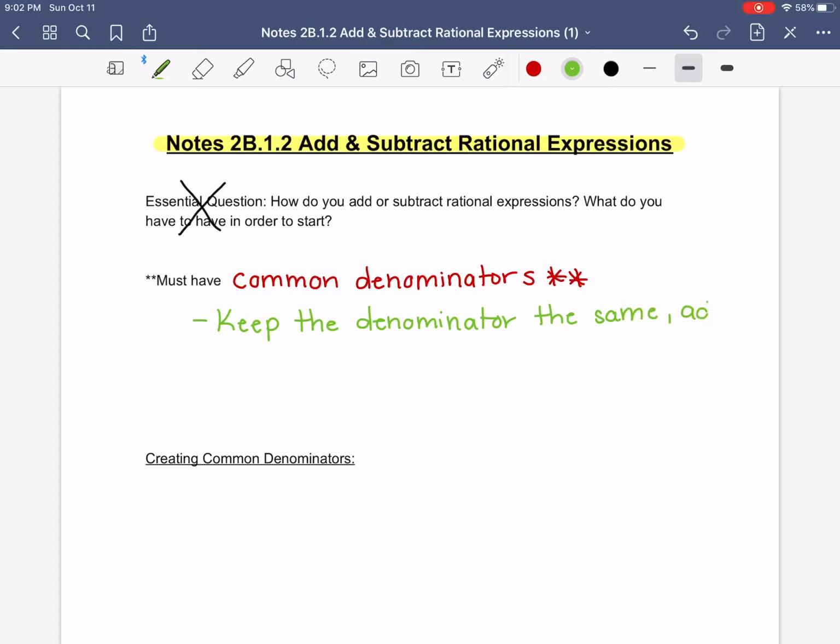This is usually by combining like terms. Then factor and cancel if possible, which is what we did last week.